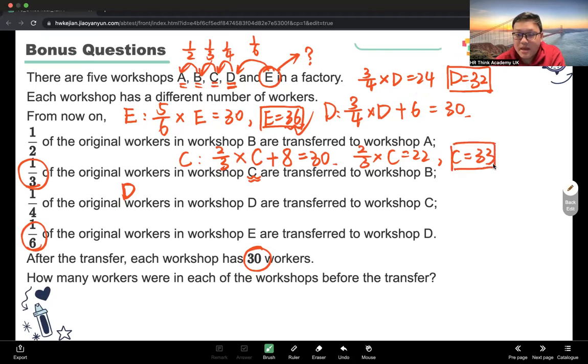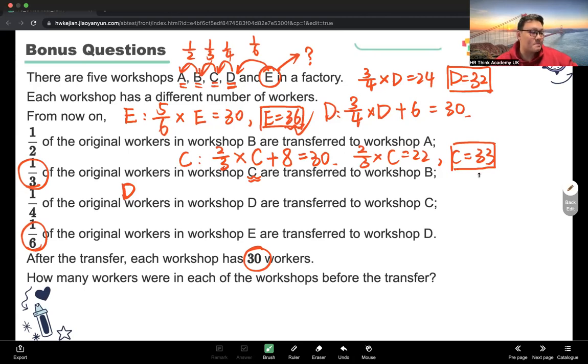And now you can get B. Guys, using the same method, can you find originally how many workers we have in workshop B? That will be half times B plus the number B received from C, which will be 33 times a third, which is 11. That means half of B plus 11 equals 30.